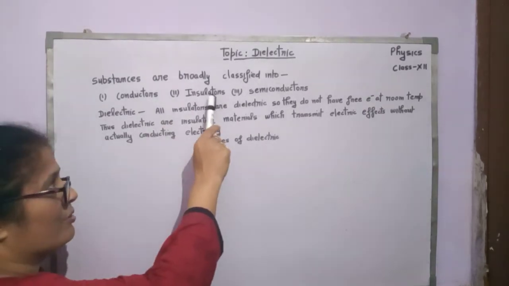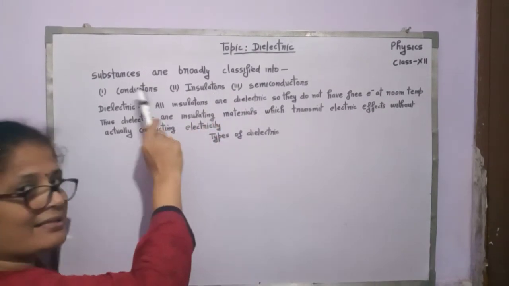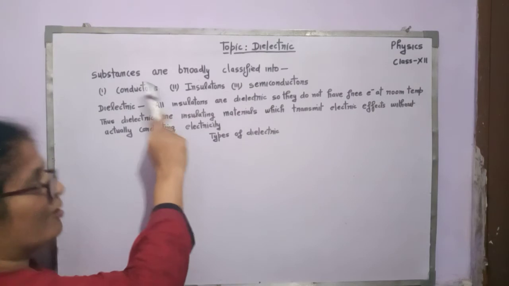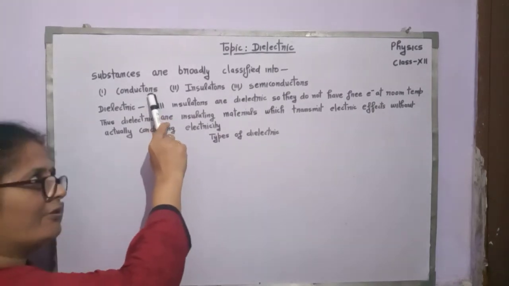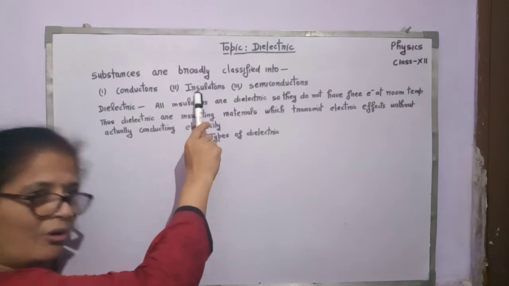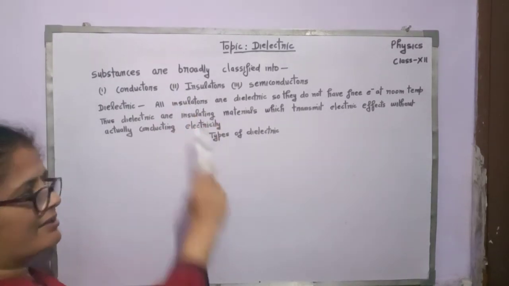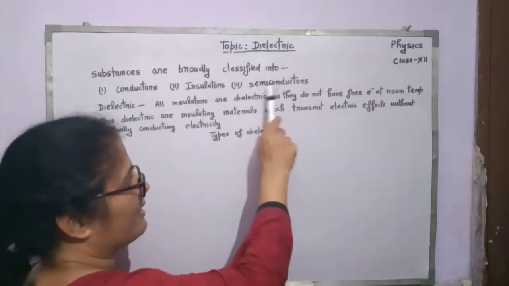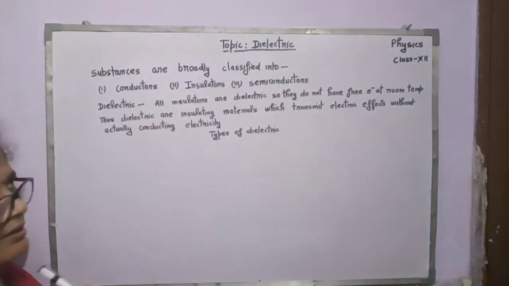Insulators do not conduct electricity. Conductors conduct electricity because their conductivity is high and they have free electrons. Insulators do not have free electrons, therefore they do not conduct electricity. Semiconductors have conductivity lying in between conductors and insulators.